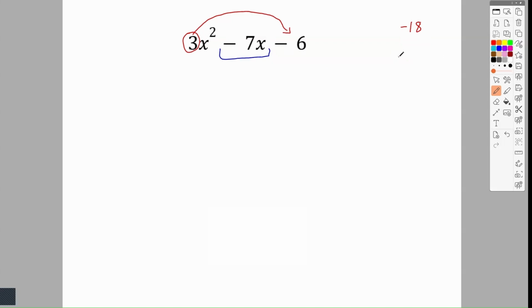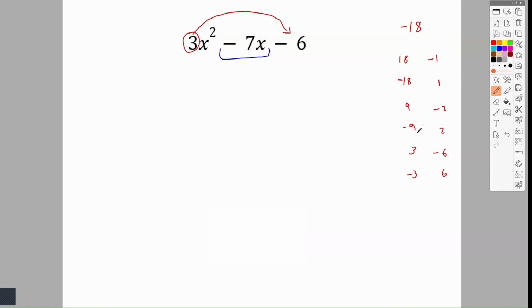So we have 18 and negative 1, negative 18 and 1, 9 and negative 2, negative 9 and 2, 3 and negative 6, negative 3 and 6. So here we have all our options. And now we have to find a couple that adds to negative 7.